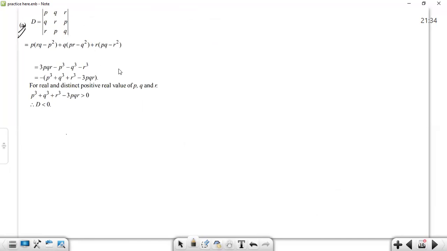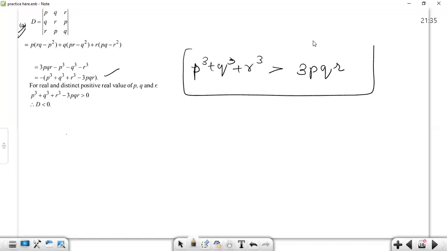They have simply expanded it, and they have said that P cube plus Q cube plus R cube is always greater than 3PQR when P, Q, R are real positive numbers. These will become equal when and only when all three numbers are equal. But they are distinct here, so the equality condition is not included.